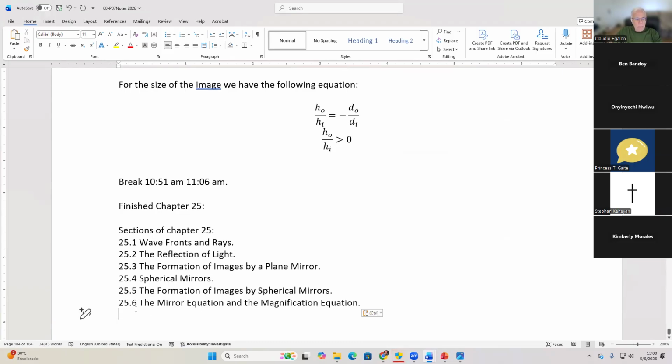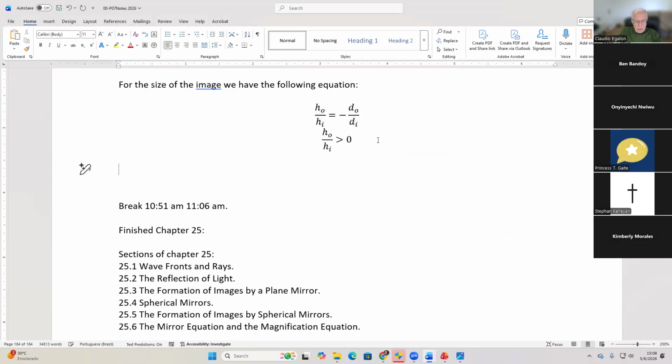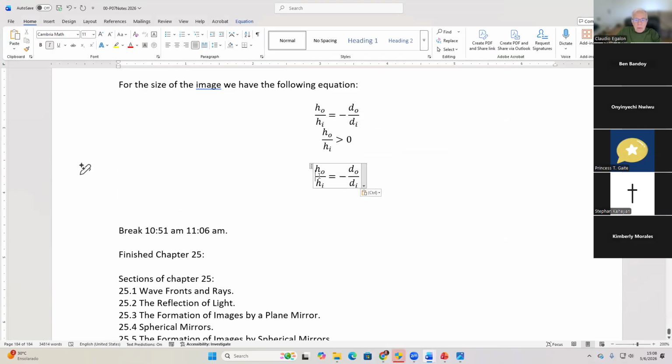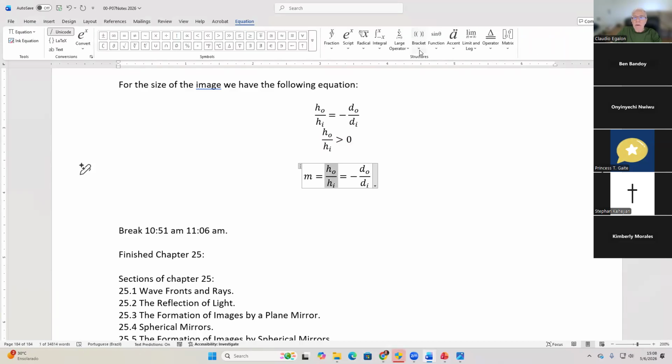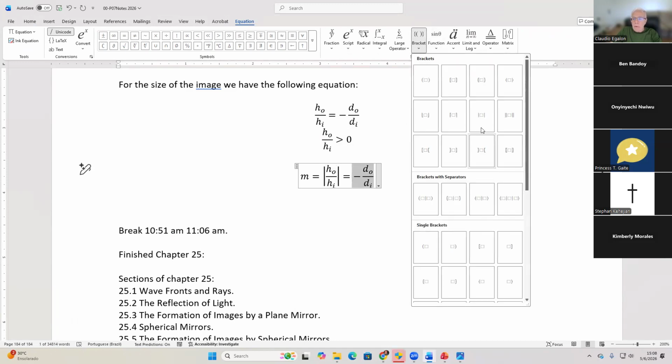Okay, here you go. Mirror equation, right? The magnification equation I didn't mention to you, but the magnification equation is just this equation that you see right in here. Magnification, lowercase m, should be the magnitude of this ratio, which is also the magnitude of this ratio.